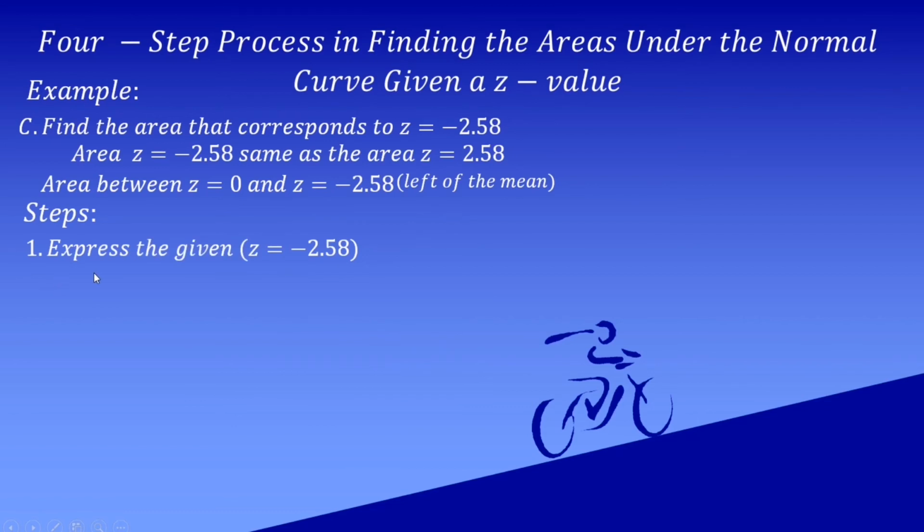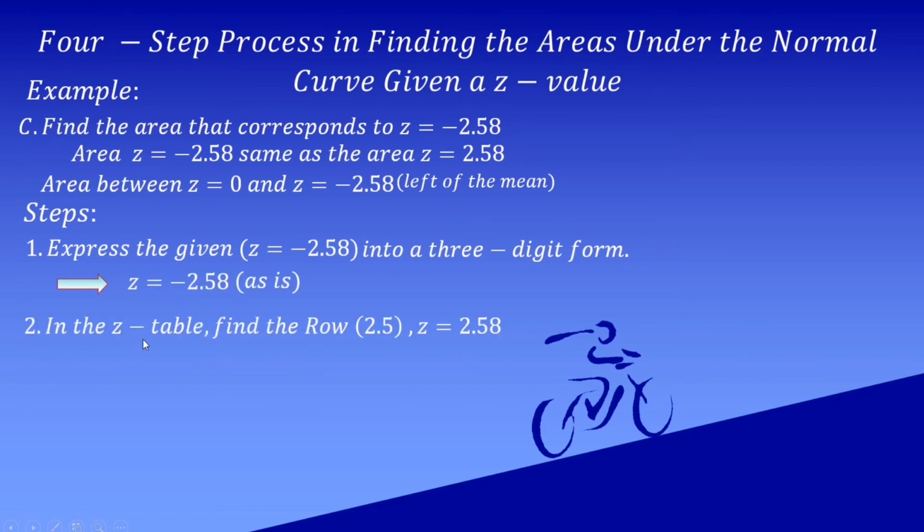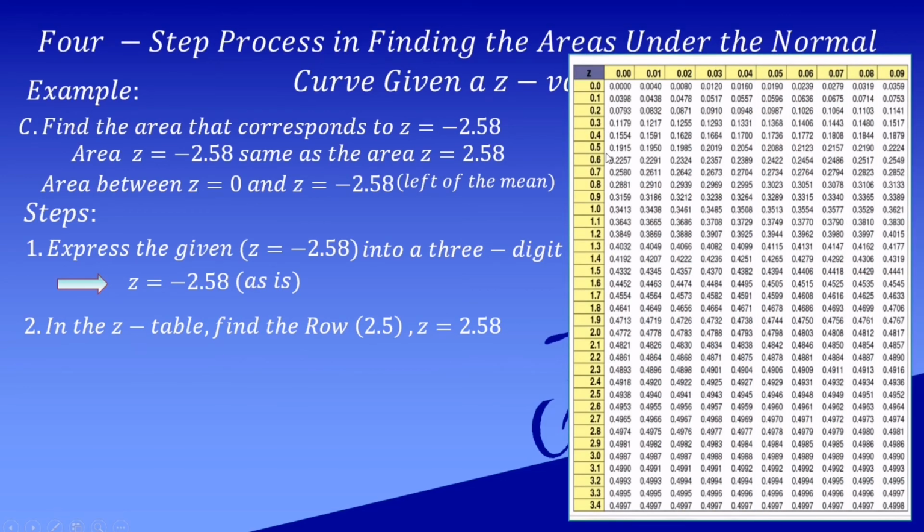Step 1, express the given z equal to negative 2.58 in 3-digit form. This is already in 3-digit form. Step 2, in the z table, find the row for 2.58. We are using the positive since the table has no negative z values. So we use the first digits, 2.5, as our row entry.